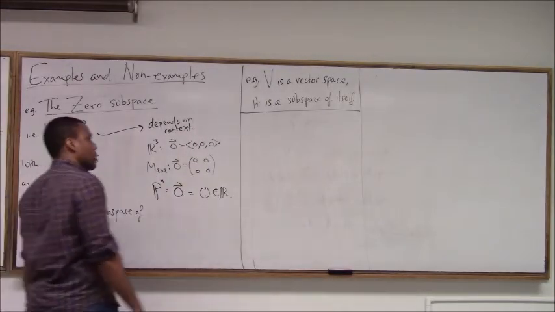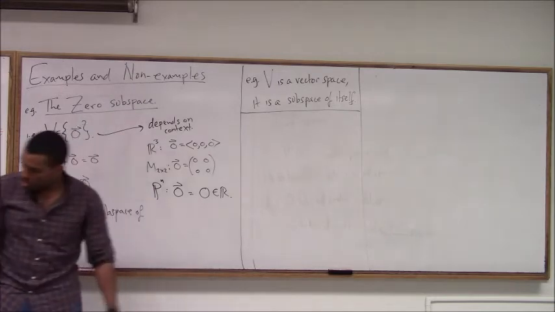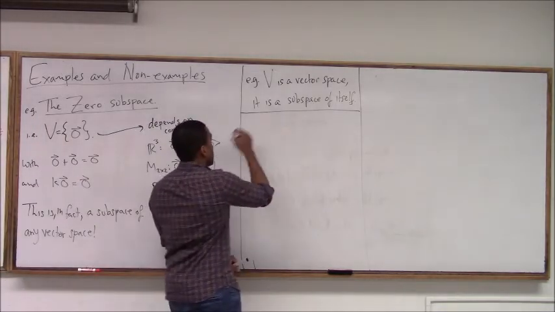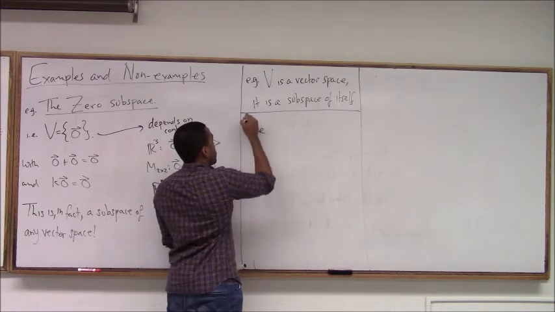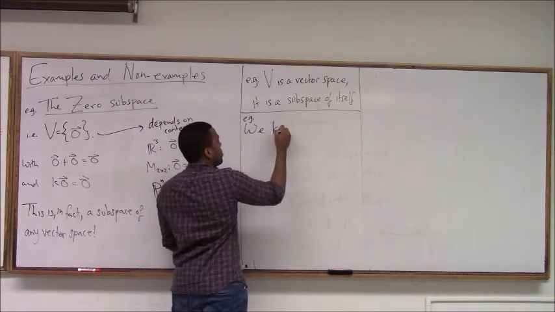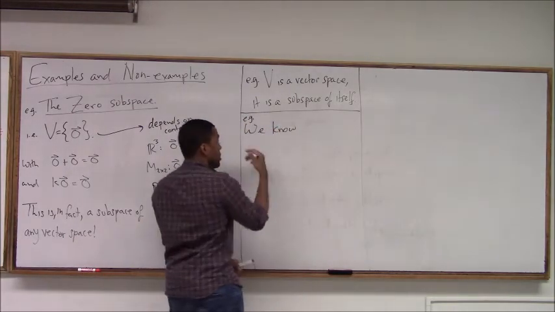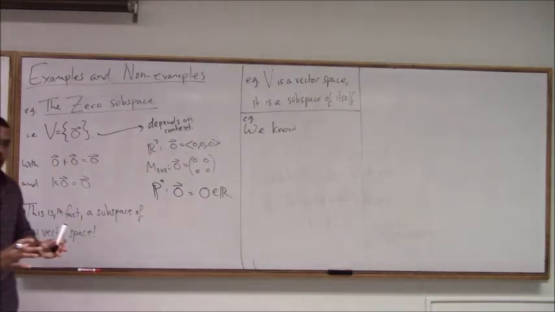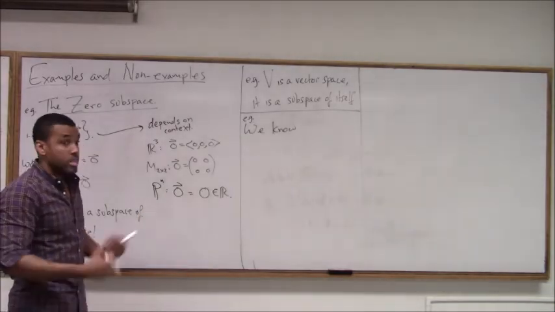Another one. So I already picked out some nice examples, so let's look at those. Here's an example. We know, or we should know, the set of matrices actually forms a vector space. If you take all matrices of a certain size, they will form a vector space.